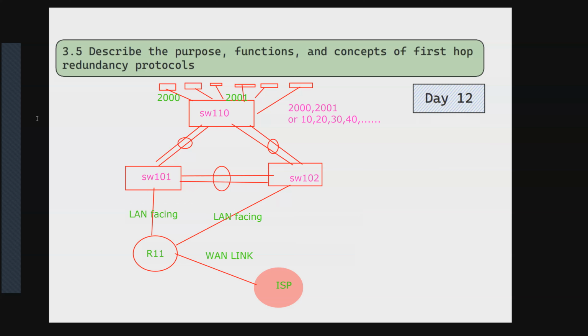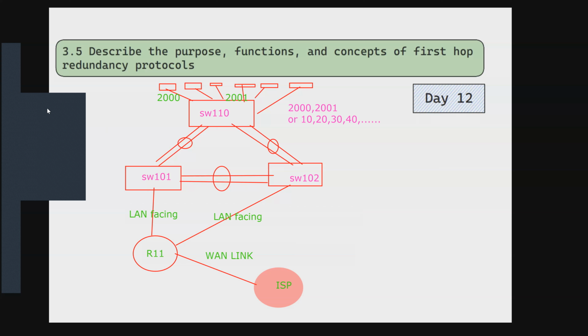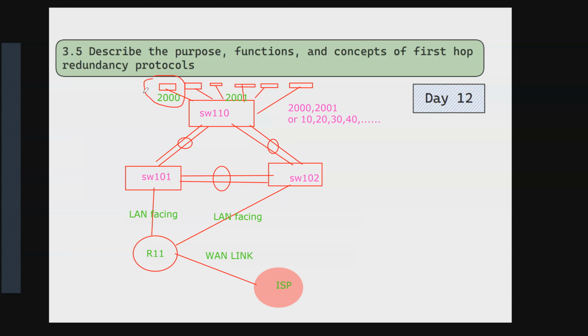Now see the use case. The use case is like this. If a PC connected to this particular access switch has to go outside, it can go like this, or it can go like this. How will the traffic flow happen?